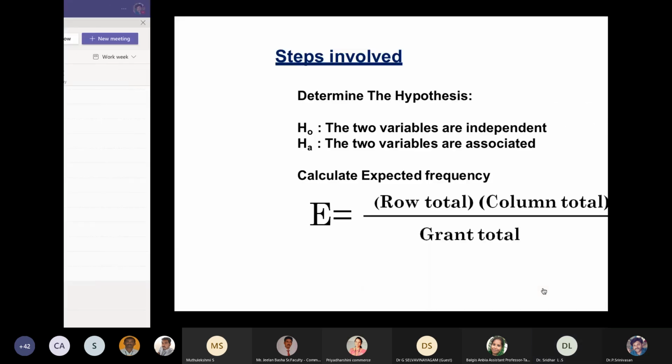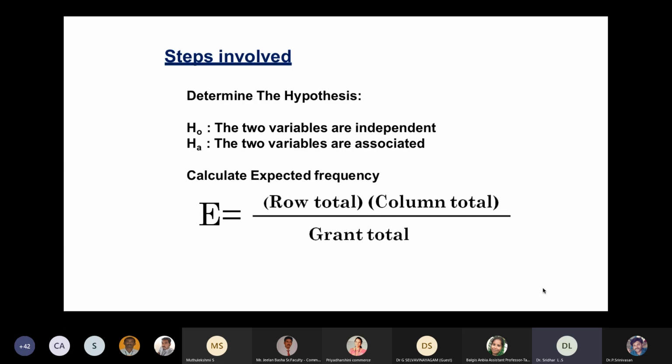Now, sir? Still the calendar side. Yes, sir, can you move down?